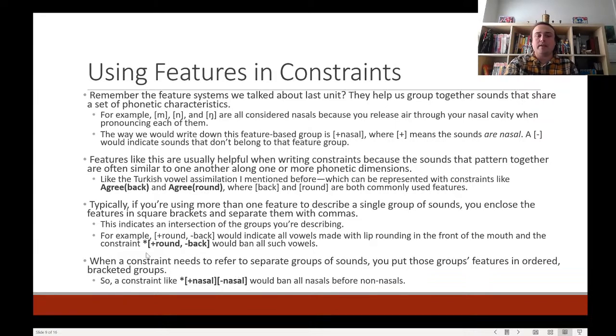So when you've got a comma and a single set of square brackets, we're finding the intersection of these two groups. So this is saying don't have a single sound that is both plus round and minus back. This is saying don't have two sounds, the first of which is plus nasal, the second of which is minus nasal. That can be a little tricky to keep track of when you first start this stuff.